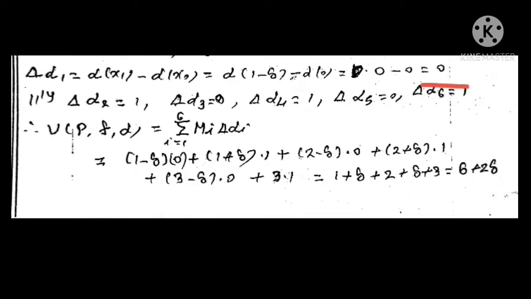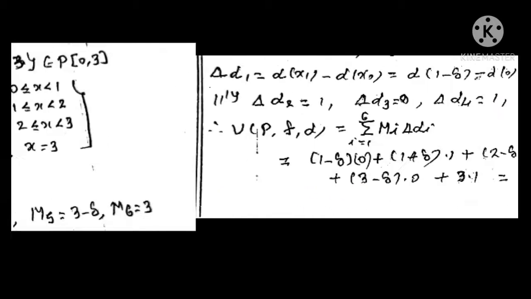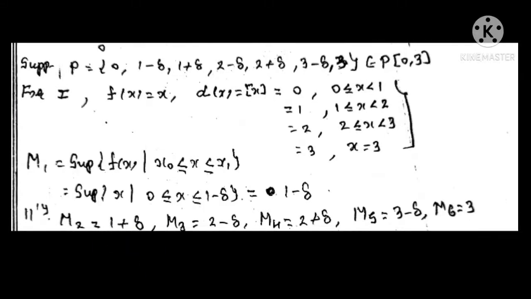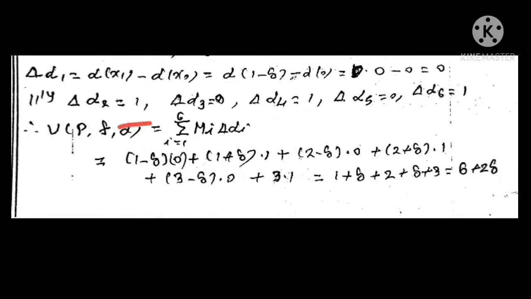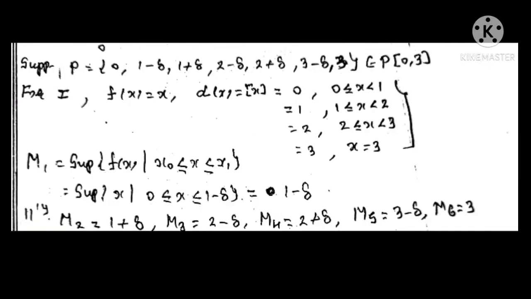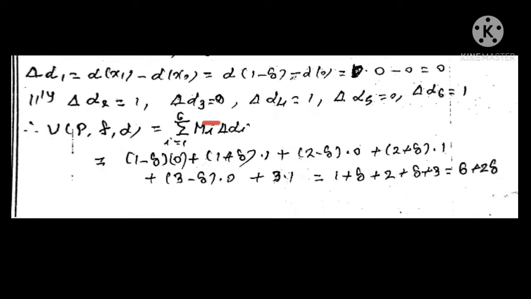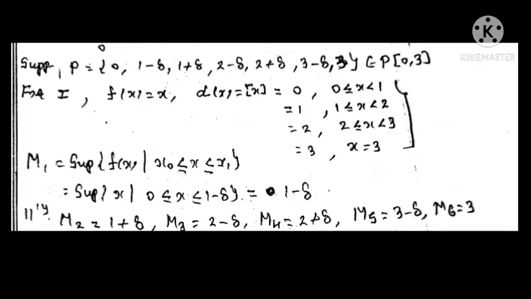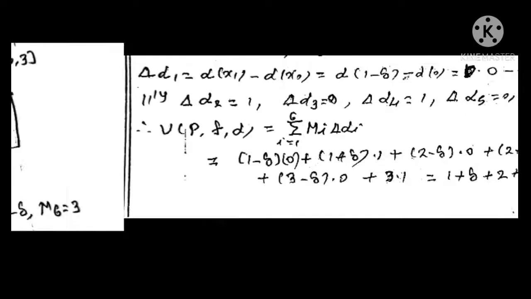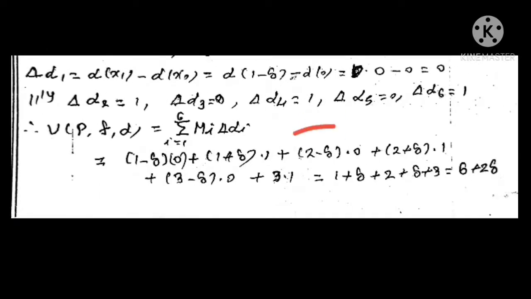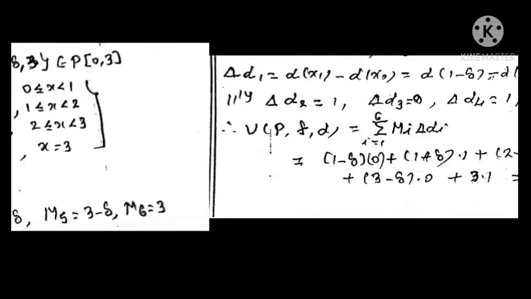So (1 minus delta) into 0 plus m2 delta alpha 2. m2 is equal to 1 plus delta and delta alpha 2 is equal to 1, plus m3 delta alpha 3. m3 is equal to 2 minus delta and delta alpha 3 is equal to 0, plus m4 delta alpha 4. m4 is equal to 2 plus delta and delta alpha 4 is equal to 1, plus m5 delta alpha 5.